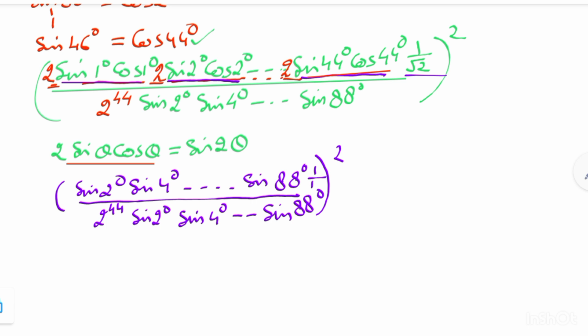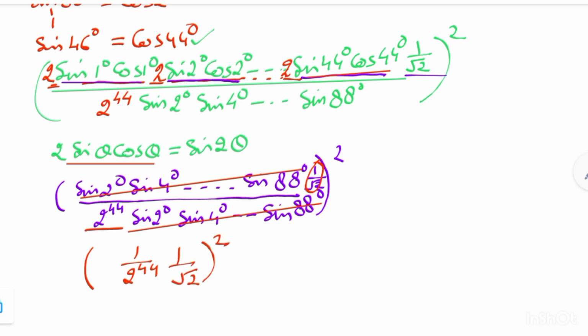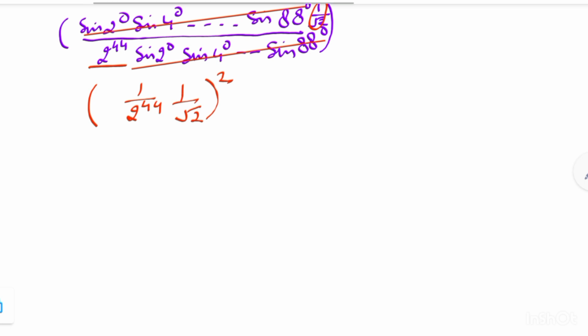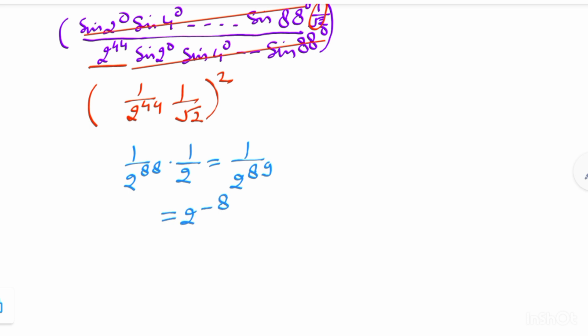The sine 2 degree, sine 4 degree, sine 88 degree in the numerator will be cancelled out with those in the denominator. So we will get 1 by 2 to the power 44 and 1 by root 2 whole square, and this will be equal to 1 by 2 to the power 88 into 1 by 2, which is equal to 1 by 2 to the power 89, and this can be written as 2 to the power minus 89.